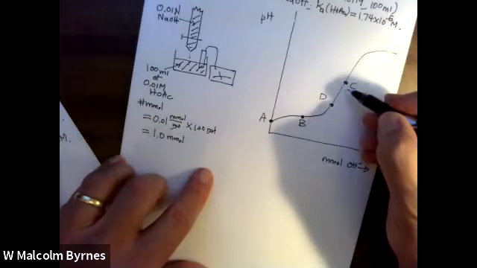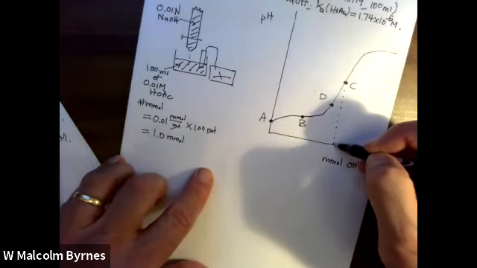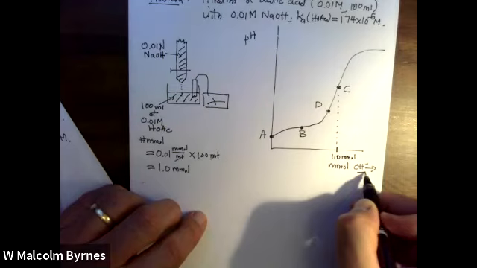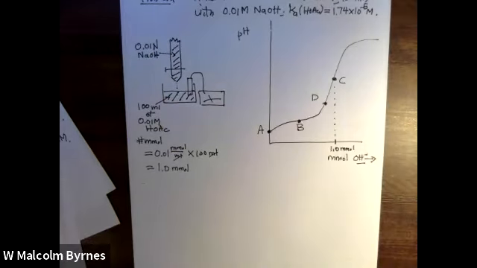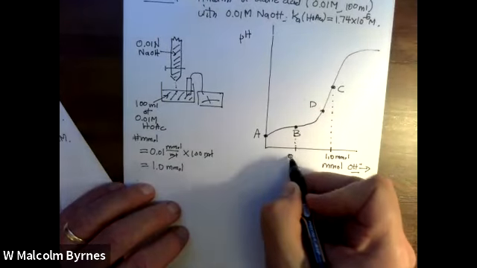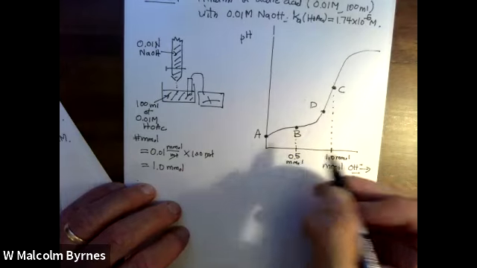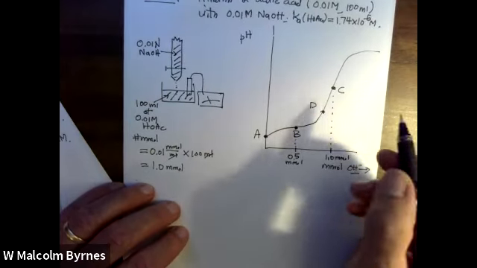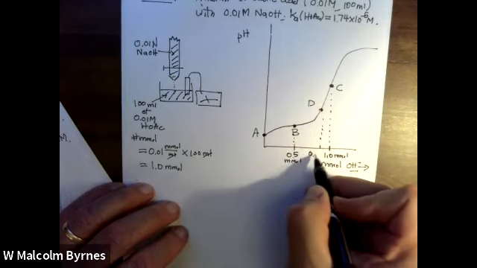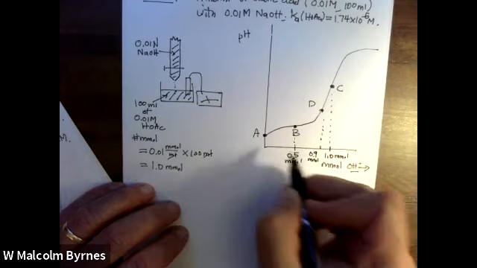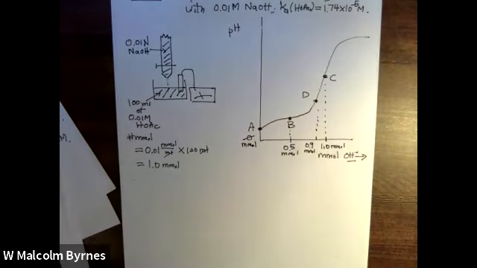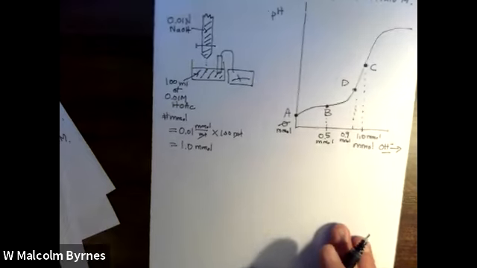When we titrate it, we're going to have added 1.0 millimoles of sodium hydroxide at the equivalence point. At the midpoint we will have added 0.5, at point D it'll be 0.9, and of course at the beginning it's 0. We know that, so we can say all that.